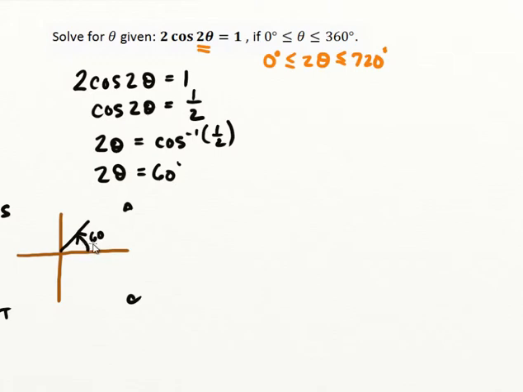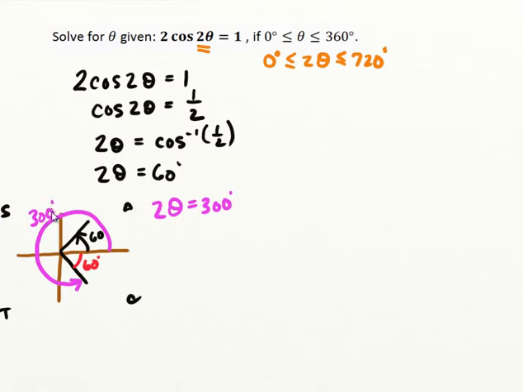Well, where else is cosine positive? Cosine is positive down here in quadrant 4. So if I put another terminal arm here in quadrant 4 and give it the same 60 degree related acute angle, then the second possibility, starting from 0 and going all the way around to here, would be that 2 theta equals 300 degrees, because that angle measure is 300.